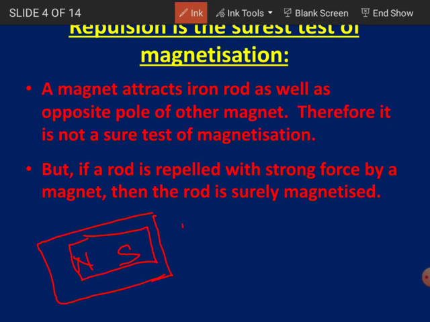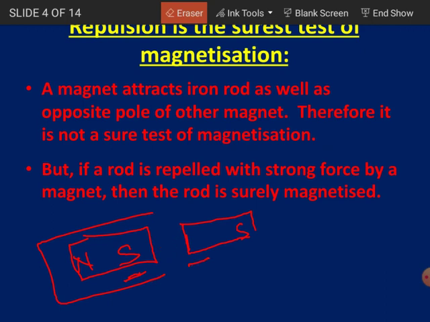If you bring a magnet with its north pole near that specimen's north pole, what happens? It will be repelled. If instead you bring the other side of this magnet, the south pole, then there are unlike poles, so it will be attracted.